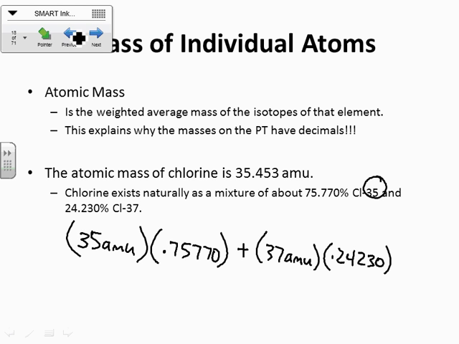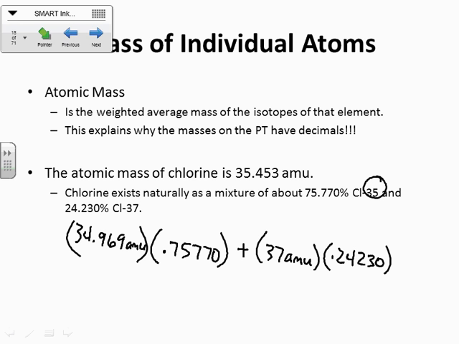I don't know if our percentages are a little bit off from what they're supposed to be, or what's going on. Oh, at the top it says the mass of chlorine 35 equals 34. Oh, okay, that's what it is. So the actual mass of chlorine 35 would be 34.969.